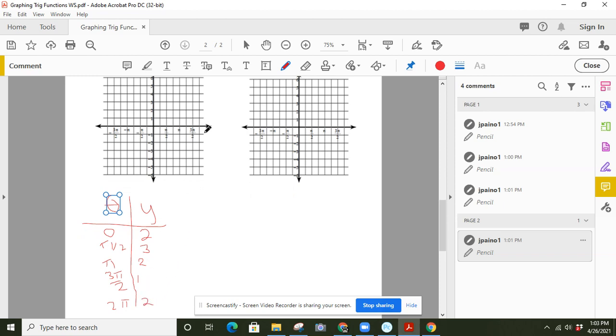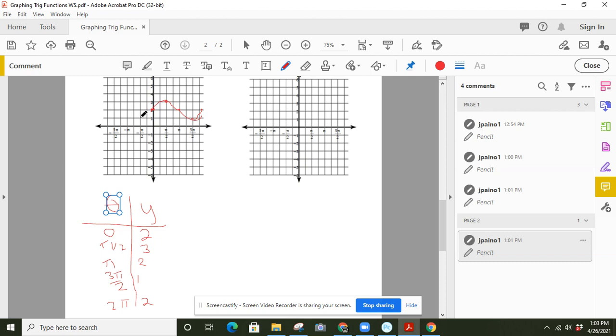All right, so I've got these points that I need to graph here: 0, 2; pi halves, 3; pi, 2; 3 pi halves, 1; and 2 pi, 0. So you can see here is one cycle.